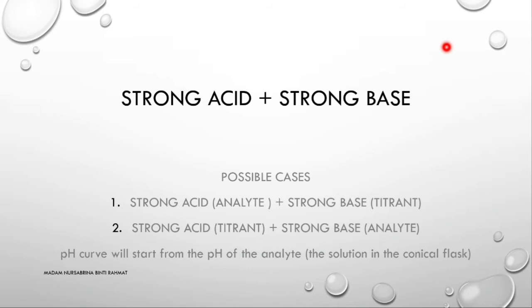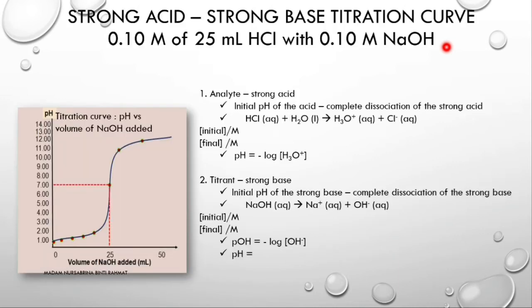Whichever way, just make sure you know which one acts as analyte and which as titrant, and please label. So let's look at this example. I was titrating 25 milliliters of 0.10 molar hydrochloric acid with 0.10 molar NaOH.